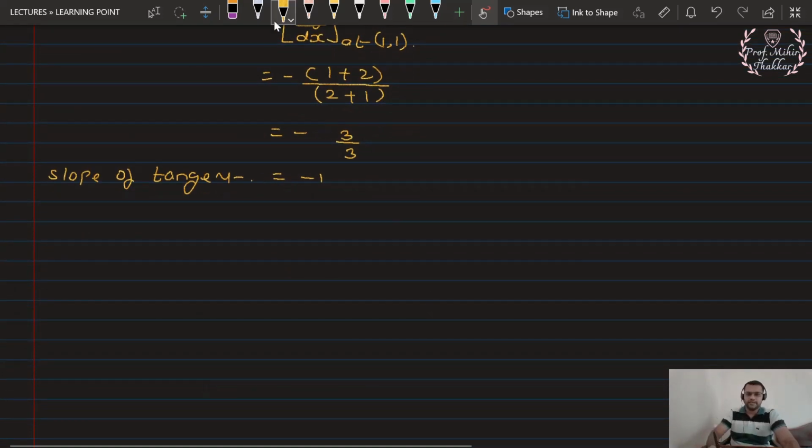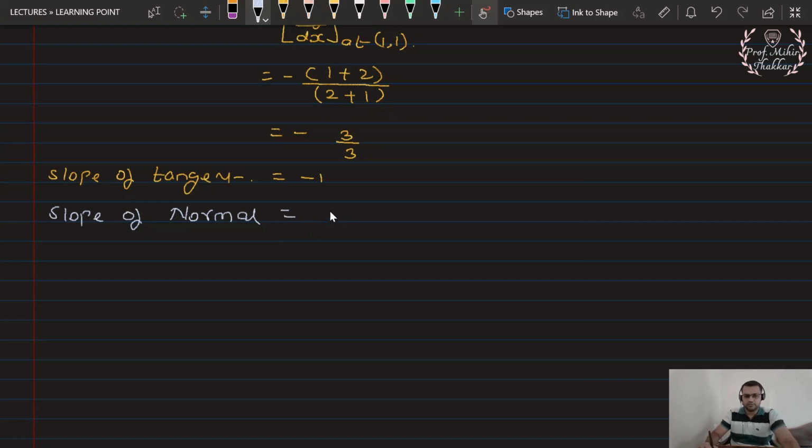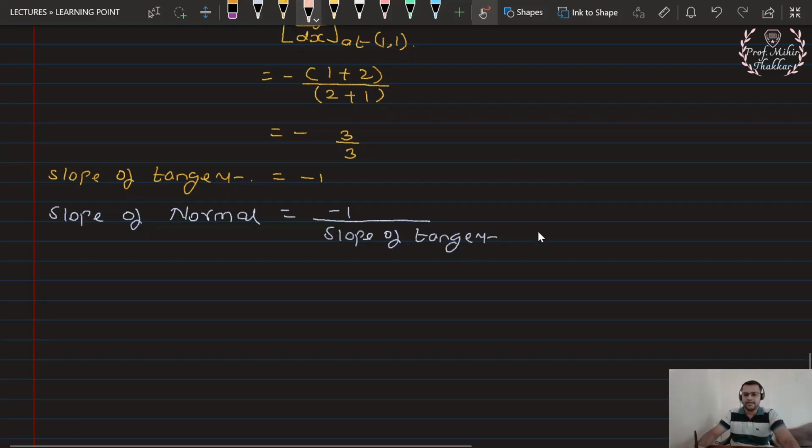Now I can get the slope of normal, which is equal to minus 1 upon slope of tangent, and I can write the reason.